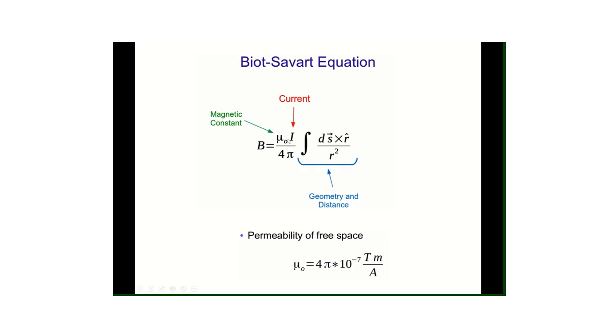The second parameter which affects the value of the magnetic field is current, or I. And the third parameter which can change the value of the magnetic field is geometry and also the distance.